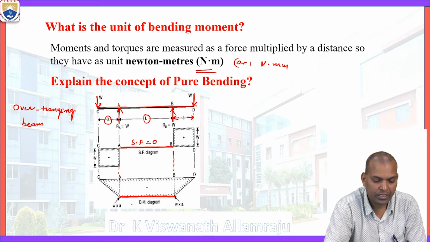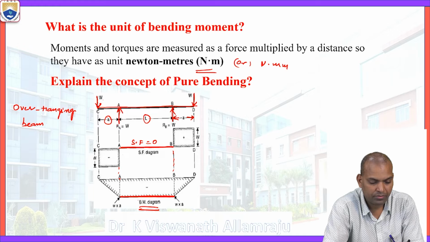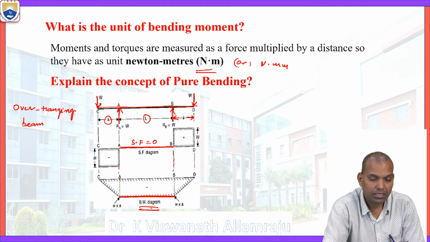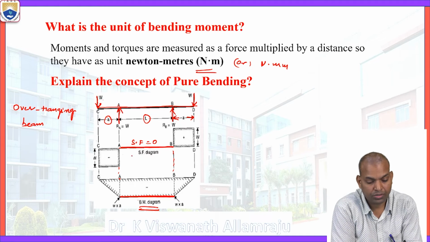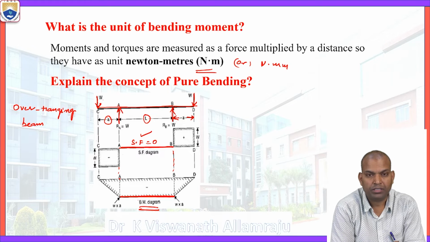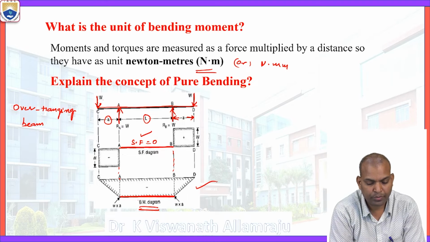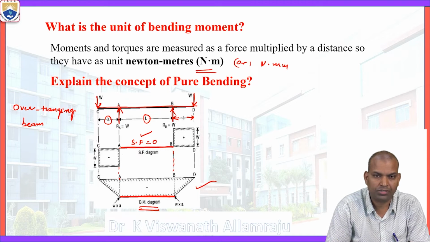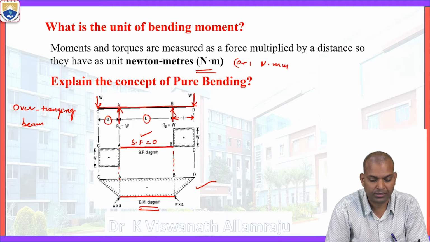So bending moment is constant between A and B for a length of L, where the shear force becomes 0. This concept is known as pure bending. There is no shear force, only bending is acting, and that it is constant. That's why it is called pure bending.